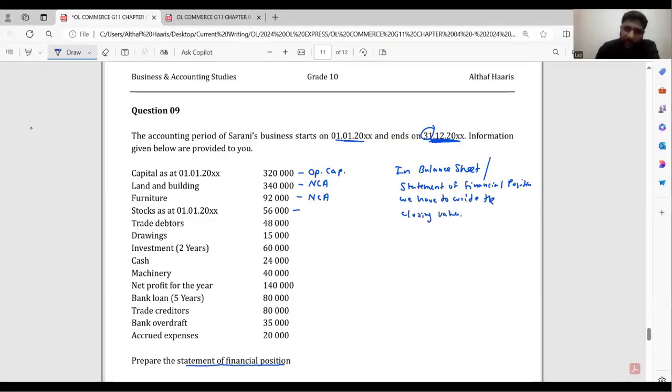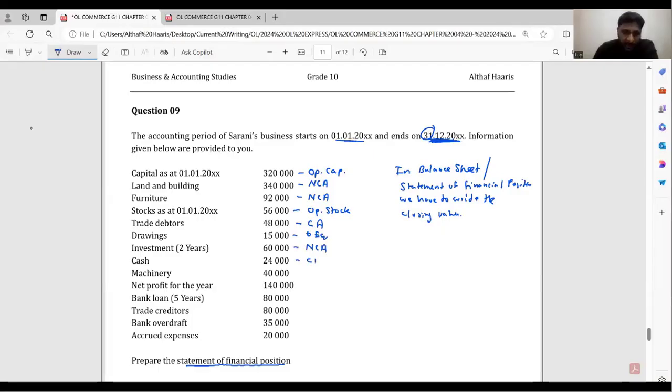So here we have the stock, opening stock. Trade debtors is a current asset. Drawings, it's a reduction of equity. 2-year investment, non-current asset.